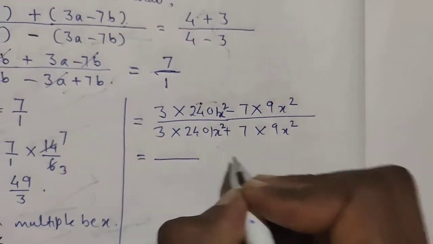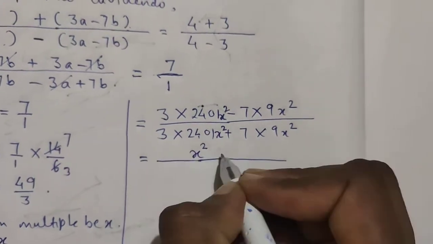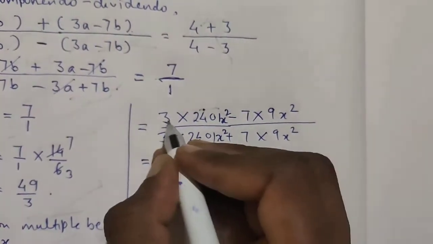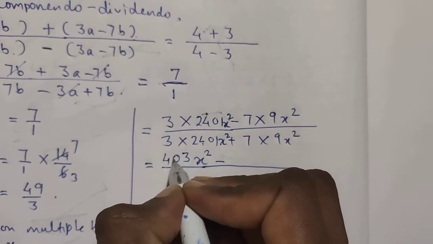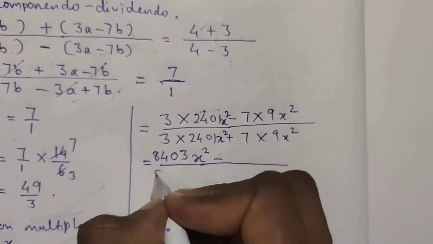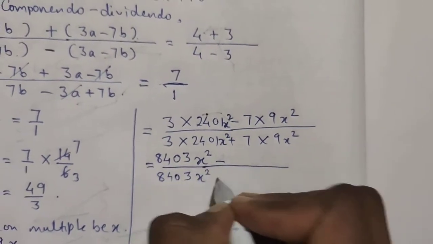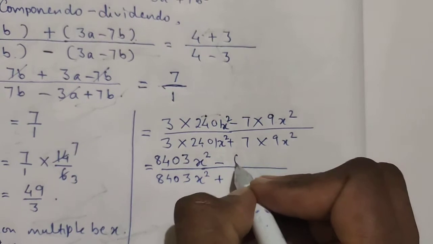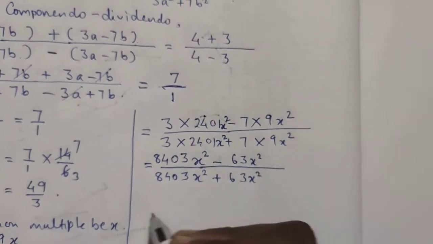Now in the next step you are going to multiply this 3 into 2401. If you do this, 3 ones are 3, 3 zeros are 0, 3 fours are 12, 3 twos are 6 plus 2 gives you 8. So 8403 you are going to get here. And you know 7 nines are 63. Here also 7 nines are 63.